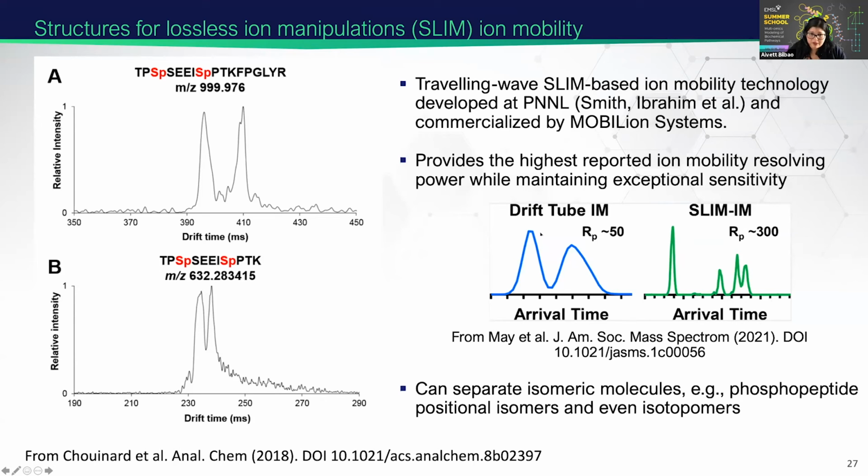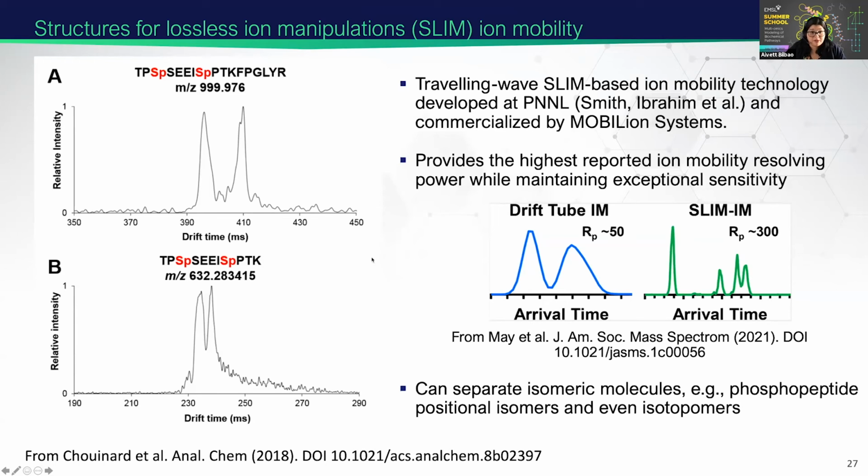Here we can see on the left the resolving power typical for a drift tube instrument. It's 50. When we apply SLIM, we can separate up to 300. And this is very important, for example, to study and separate isomeric molecules.